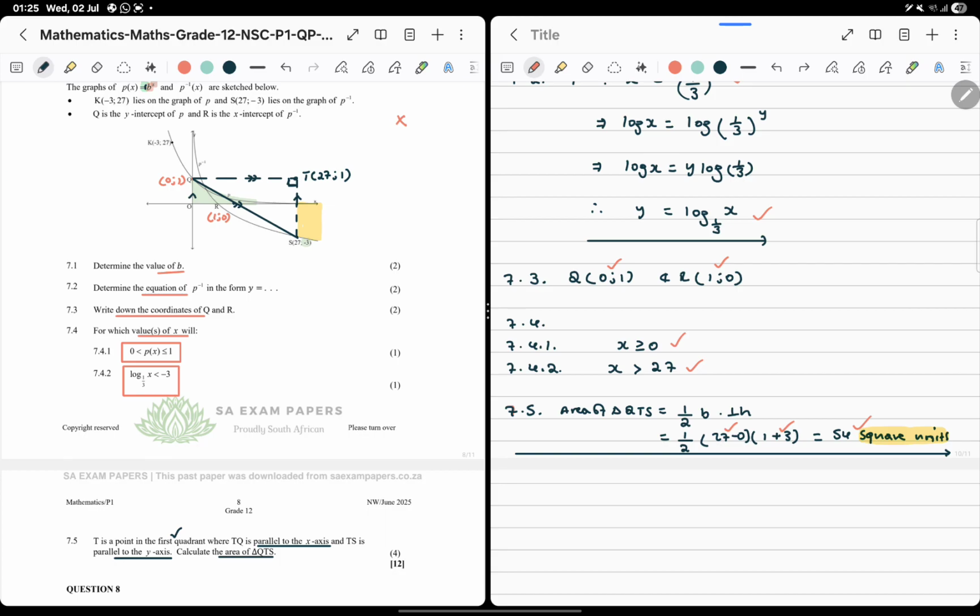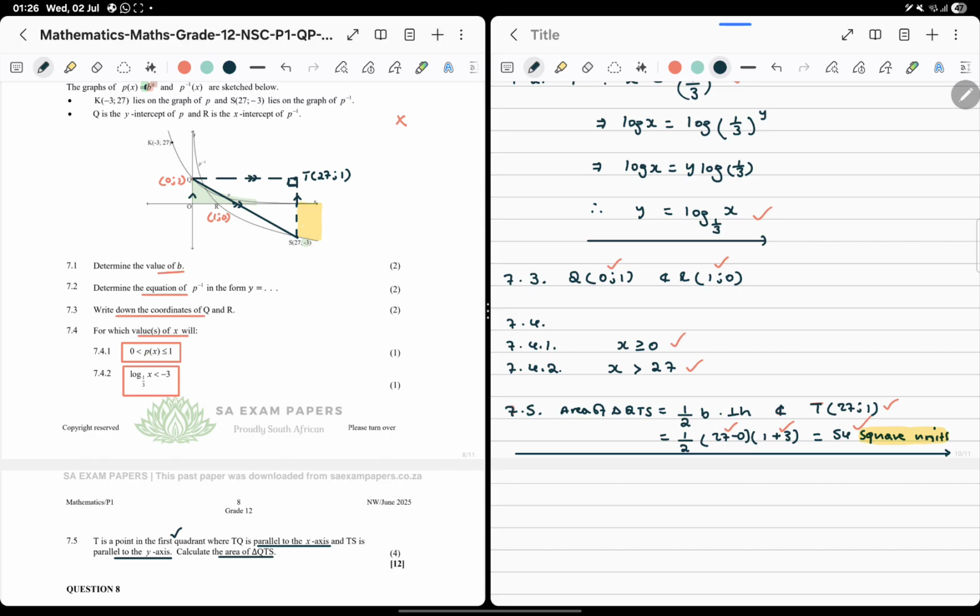This is 3 marks, but before we start this question, we need to state somewhere that point T is basically 27 and 1. And we get a mark for this, and that's the 4th mark. Please, there has to be something like this stated, because if we don't state what the coordinates of T are, then none of these calculations will make sense.